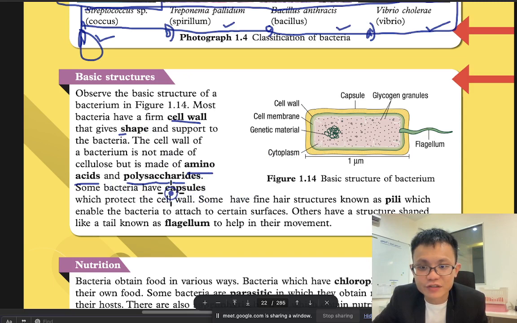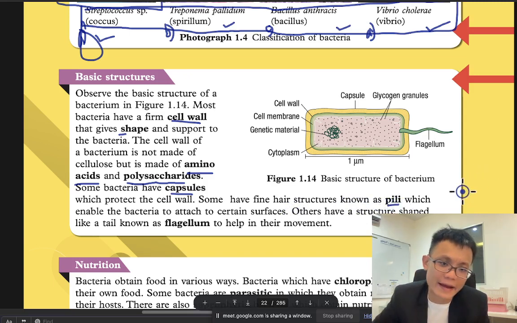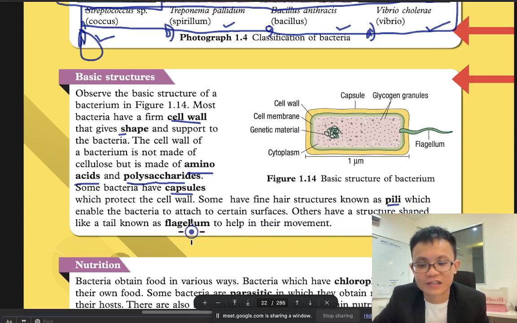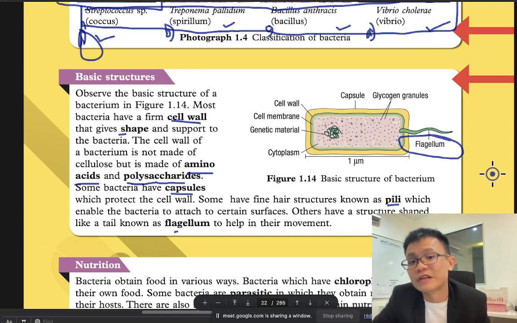Some bacteria have a capsule which protects the cell wall, and pili, how to read this, pili. You know how to read this, pili, which enable the bacteria to attach to the surface. So this one you need to know. If they ask you to label, you need to label the word flagellum.